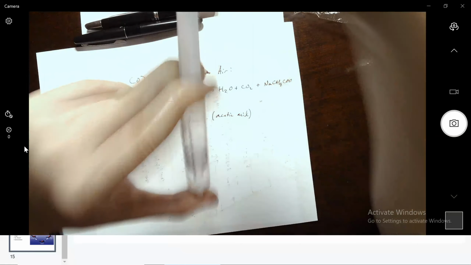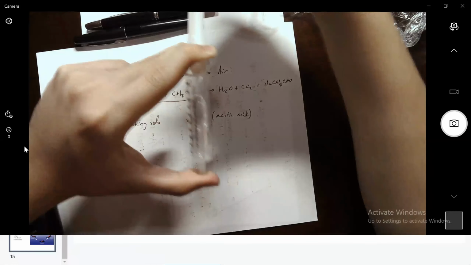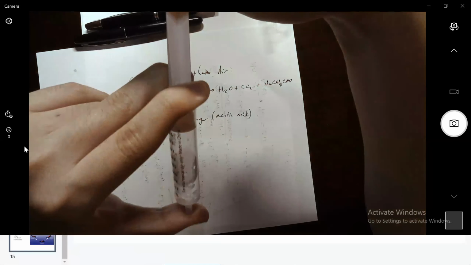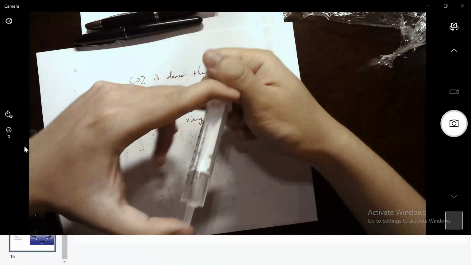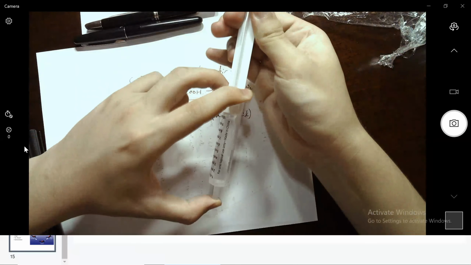So now all of the gas wants to come out, and you can see the bubbles form. I don't know, it doesn't seem like it's very visible on camera, but yeah. Okay, so maybe you can see that a bit better. There's a bunch of bubbles there. Okay.